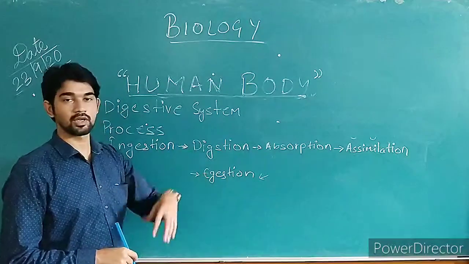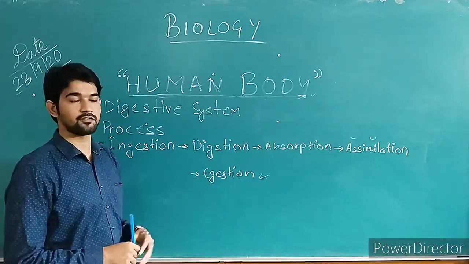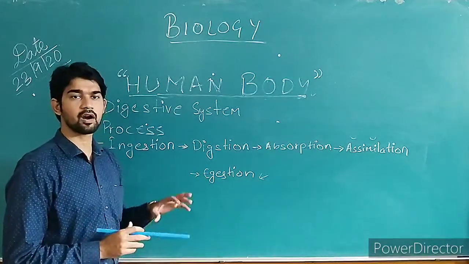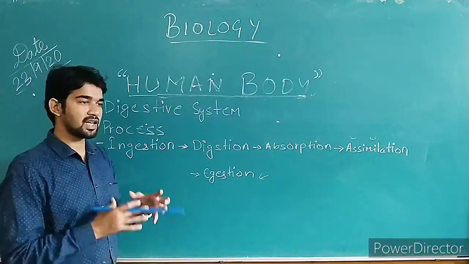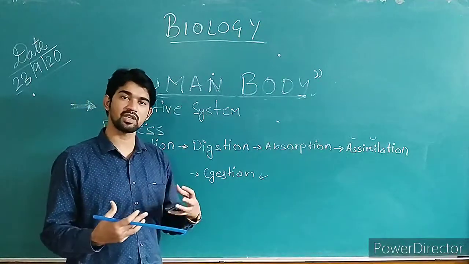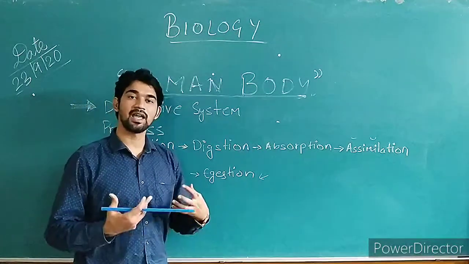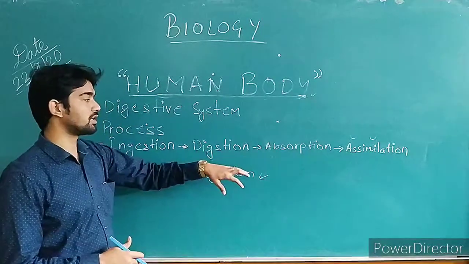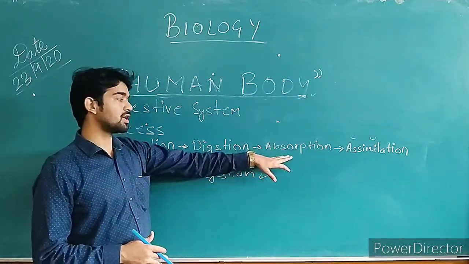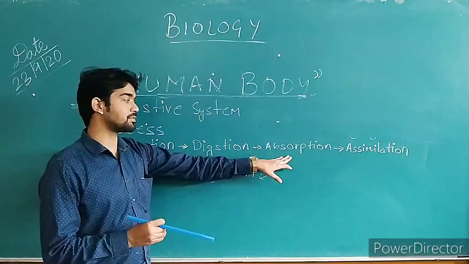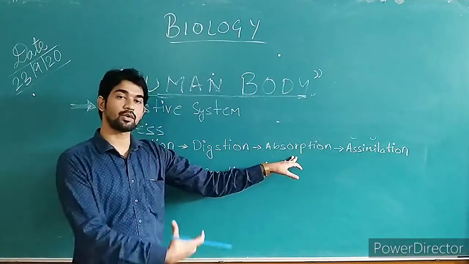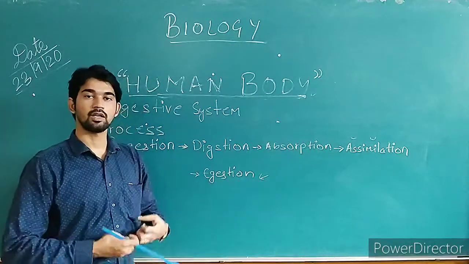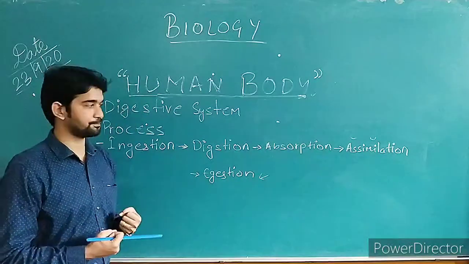When you take green leafy vegetables or any kind of carbohydrate source, it gets broken down by acids and different enzymes, and they are broken into simpler organic substances which are absorbed by your intestine, and it gets into your blood.